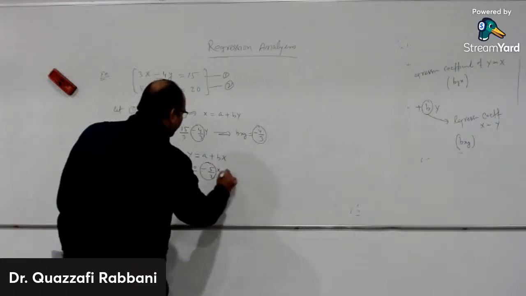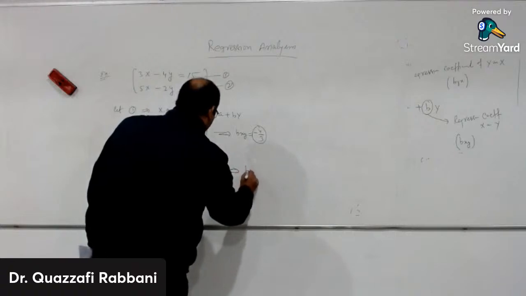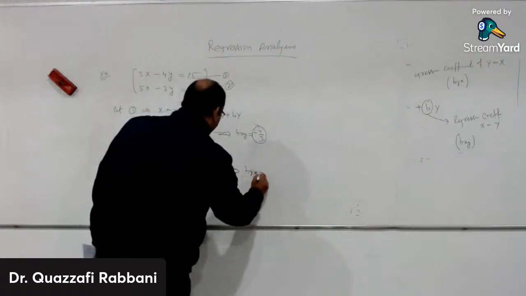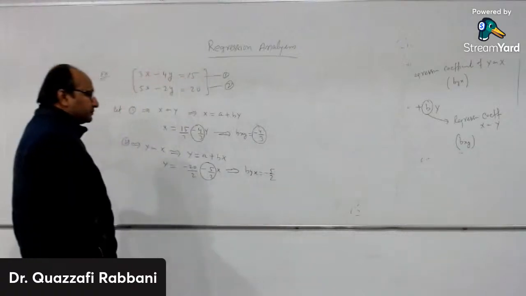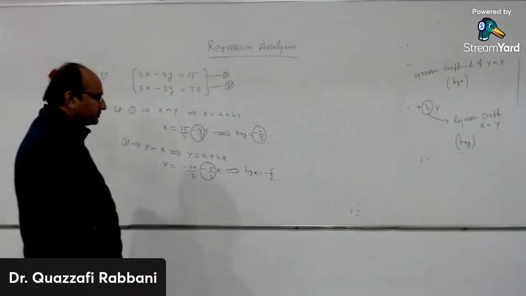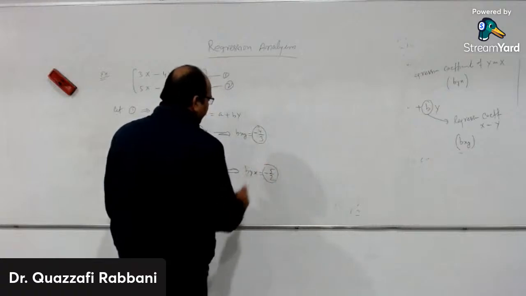So here you get byx is equal to minus 5 by 2. So this is bxy and byx.